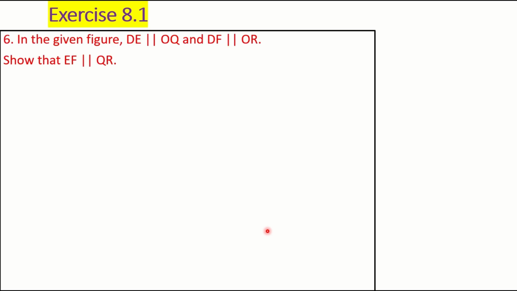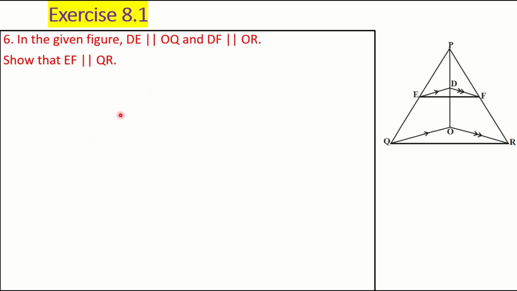Next. In the given figure, DE is parallel to OQ, DF is parallel to OR, and EF is parallel to QR. This is a triangular pyramid.